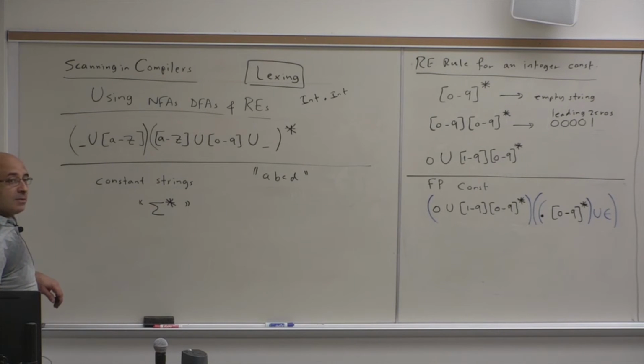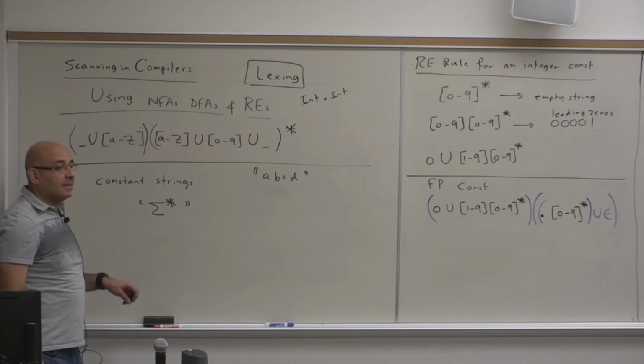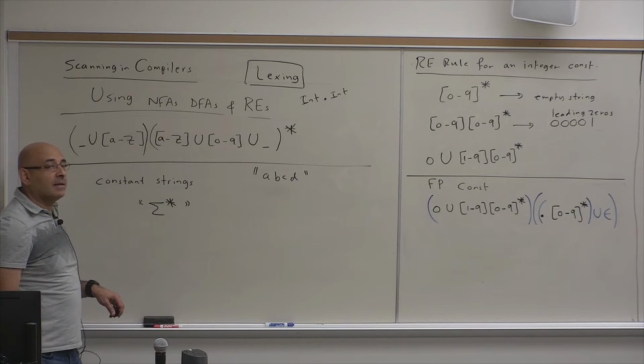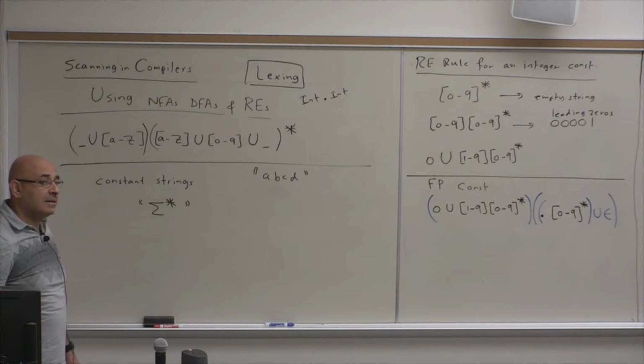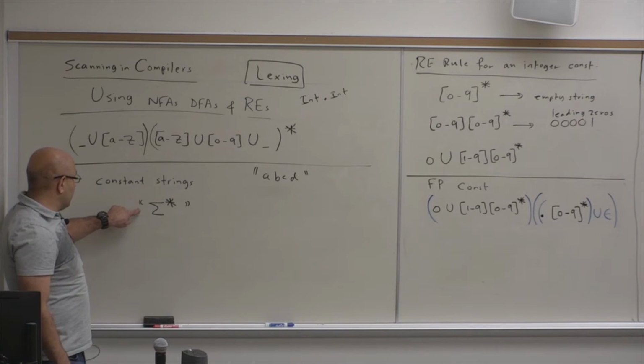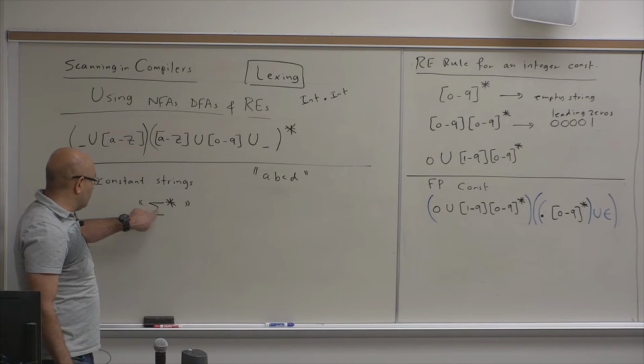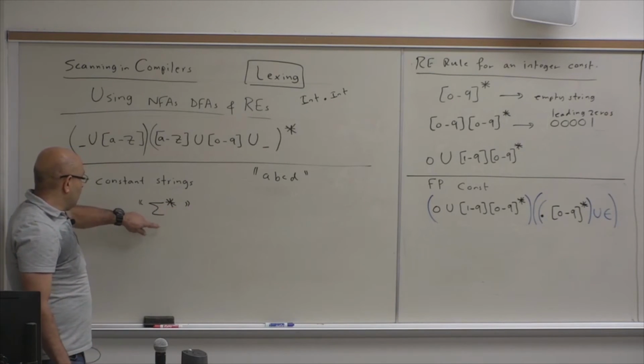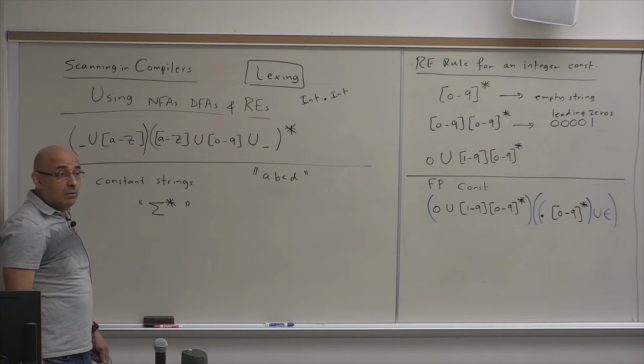So there is one problem with this. What's that? Sigma is the whole alphabet. So sigma star is like start quote or open quote, close quote, then you can have anything, which is fine.